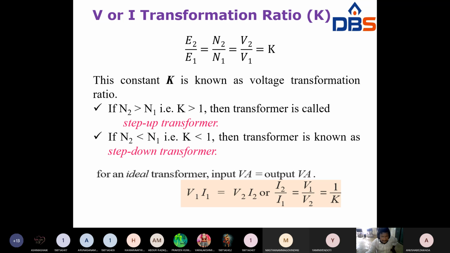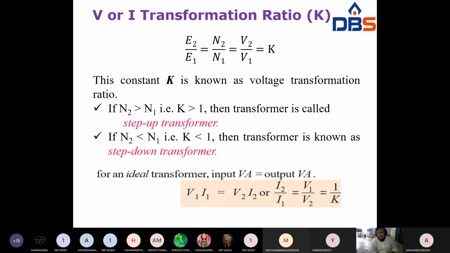This is very useful for calculating problems on the EMF equation and also the equivalent circuit. This ratio follows you up to the third unit. That's why you have to remember the transformer ratio: E2 by E1 is equal to N2 by N1 is equal to V2 by V1 is equal to K, right?